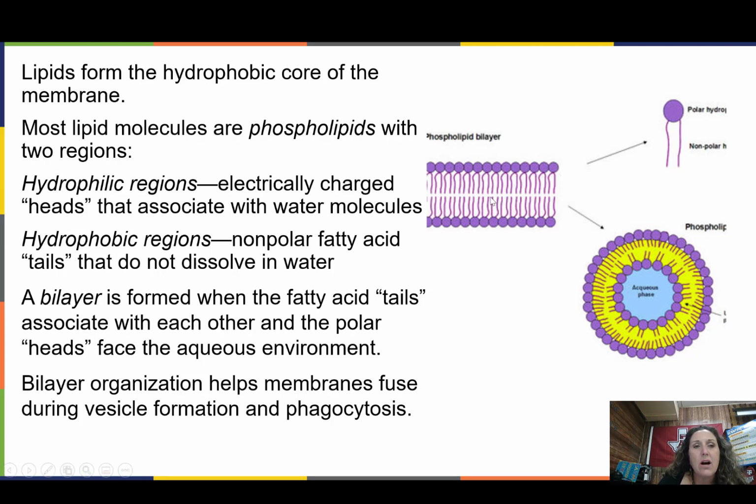The inside is nonpolar because they're fatty acids and they do not dissolve in water. So the tails hang out together and the heads are further apart. Because the heads are polar, they have to be away from each other, right? A bilayer is formed when the fatty acid tails associate with each other and the polar heads face the aqueous environment, or water, because polar molecules like water.